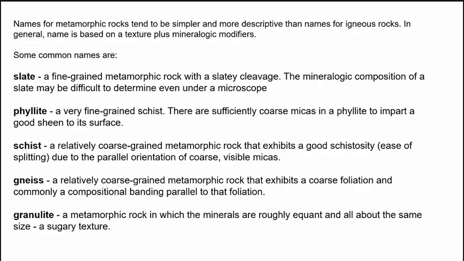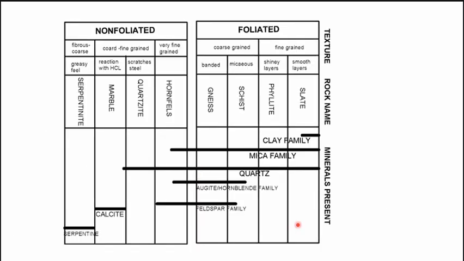So we're going to look at the different classification of the metamorphic rock before next week. I said we have foliated and non-foliated metamorphic rocks. Here you are going to see the difference. Here we have non-foliated, here you have foliated. The foliated are the ones we've been looking at so far: slate, phyllite, schist, and gneiss.